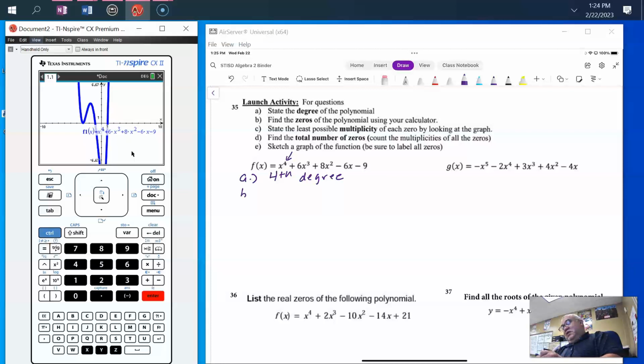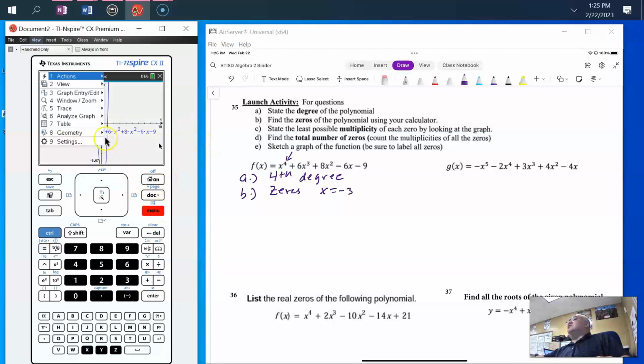So for B, we're going to answer the zeros by looking at the graph. The first 0 is 1, 2, 3, so it's -3. So x equals -3. Now, if you want to check, go to menu, analyze graph, zero.